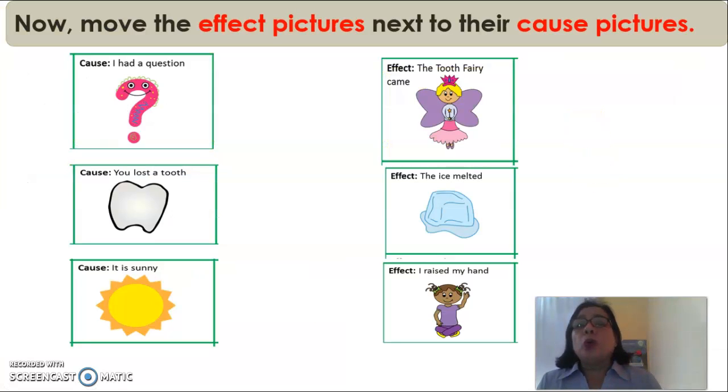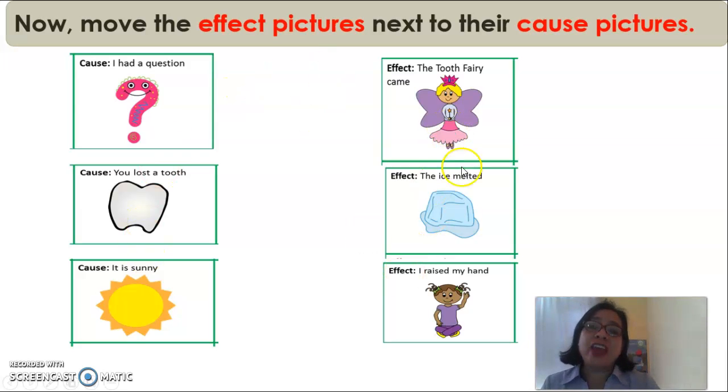Now, you will have to move the effect pictures next to the cause pictures. On this side, we have the causes. In the front, we have the effects. Cause 1. I had a question. Cause number 2. You lost a tooth. Cause number 3. It is sunny.